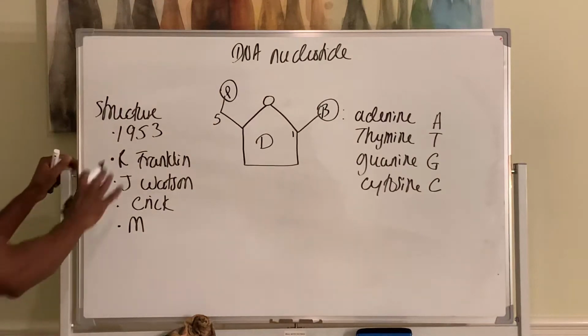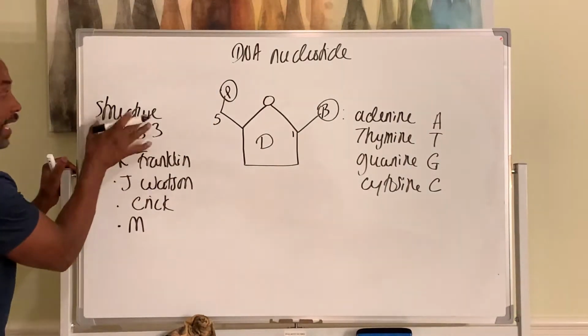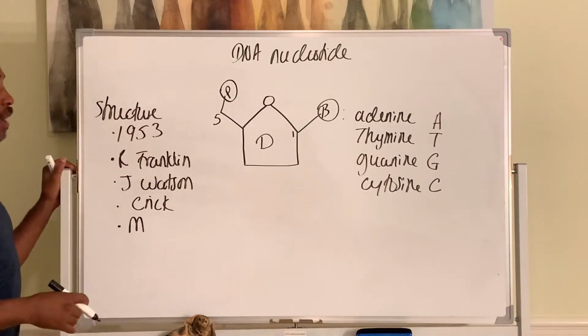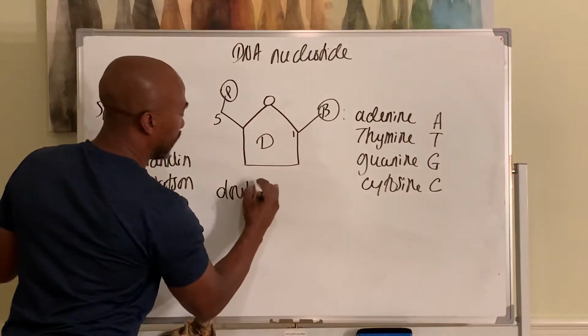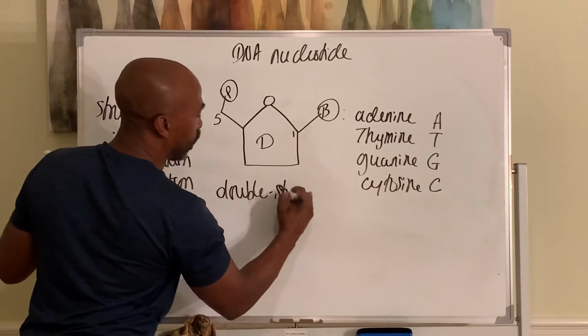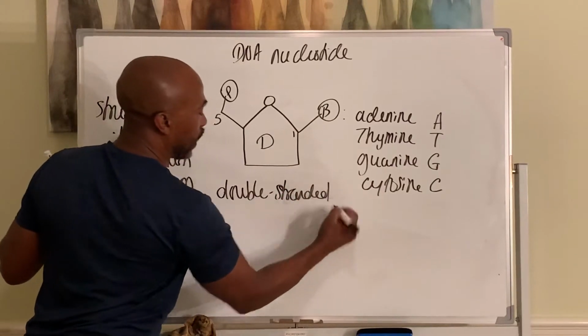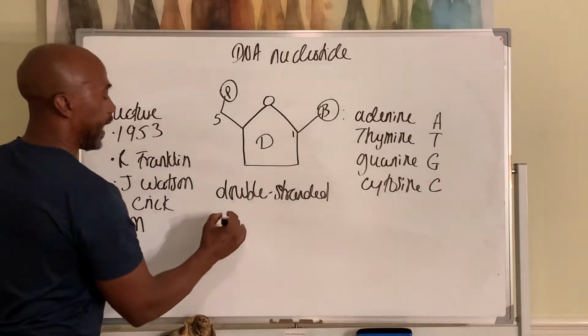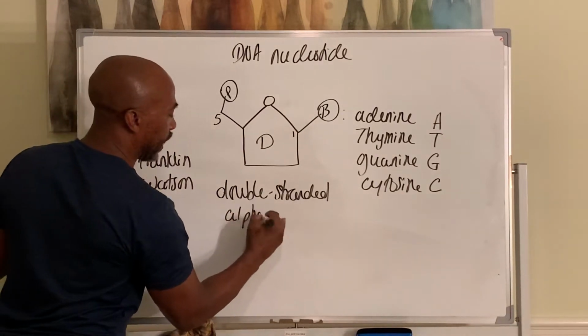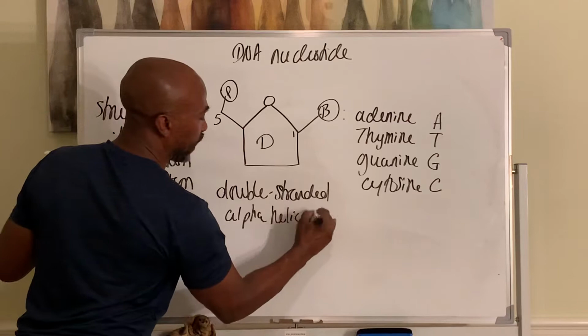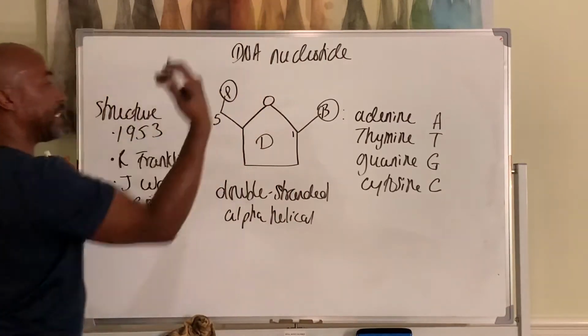Okay, so four scientists were involved in discovering DNA, and what they found is that DNA is a double-stranded molecule. Okay, and it assumed an alpha helical structure, like a spiral staircase. Okay, DNA.